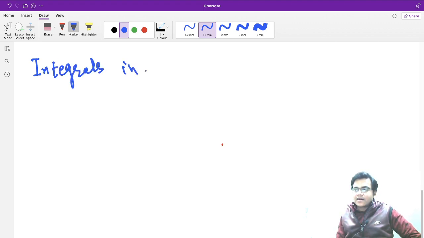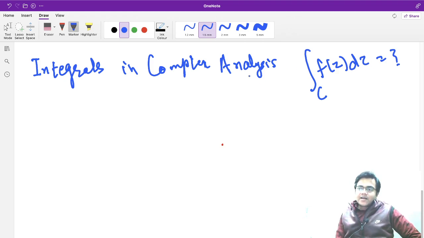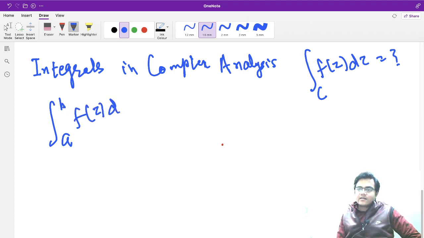integrals in complex analysis. Okay, actually most of the integrals in complex analysis will look like this. Over the contour C, f of z dz, you need to evaluate this. But think, if it is given from A to B, f of z dz, then how shall you work?